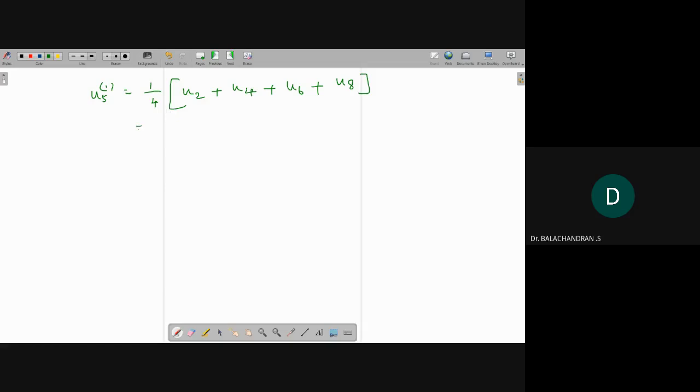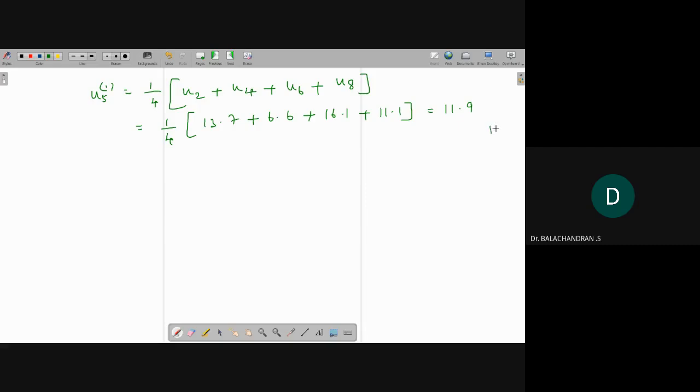Remaining students, just check it. U2 is 13.7. U4 is the previous value 6.6. 16.1. 11.1. Okay. What is the final answer? 11.9. 11.8. 11.9 is the book answer.